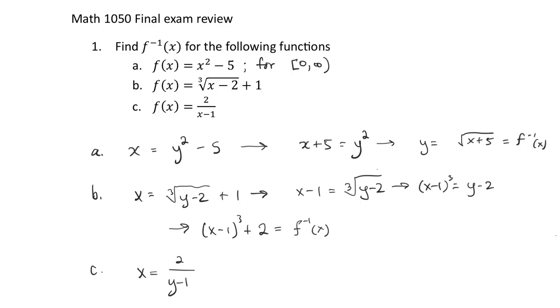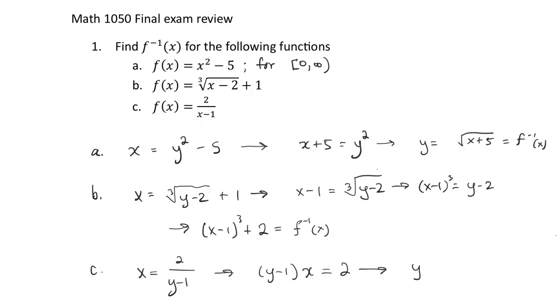So what we've done with almost all of the equations we're solving with fractions is multiply both sides by the denominator. So if I multiply here by y minus 1 and multiply here by y minus 1, we're going to have y minus 1 multiplied by x is equal to 2. Now we can divide by x on both sides.